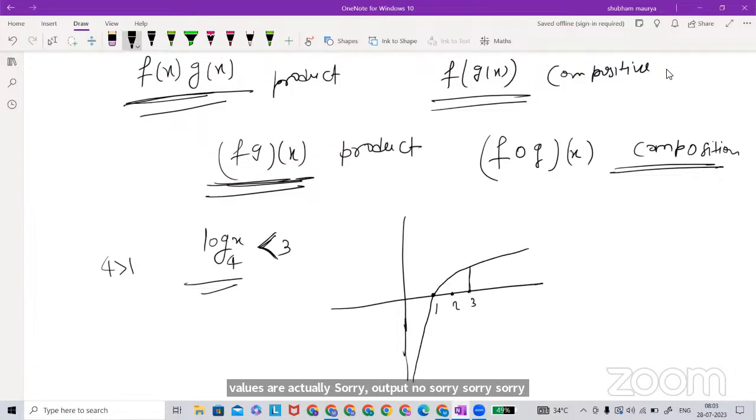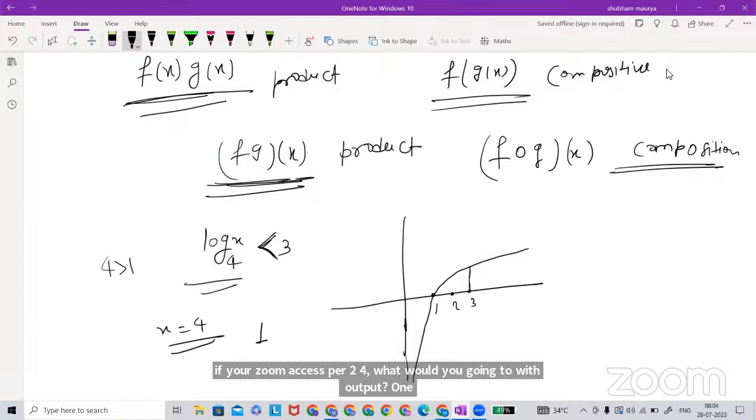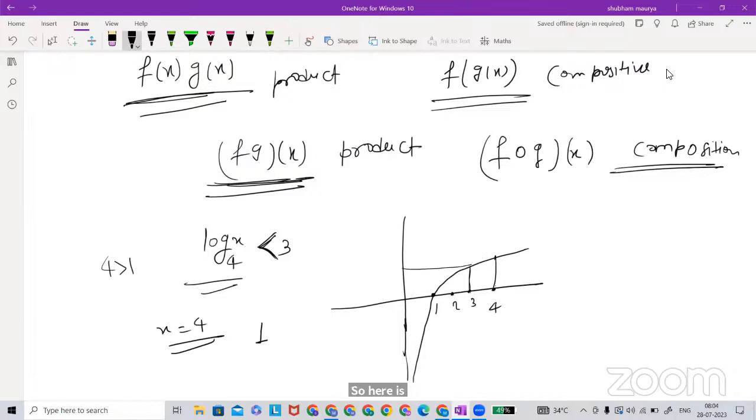Sorry, I made a mistake here. These are the input, so the output here is log at 4. If you assume x is equal to 4, what would the output be? 1, right? Yes, sir. So till 4 it is 1.